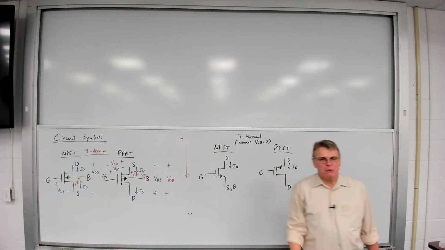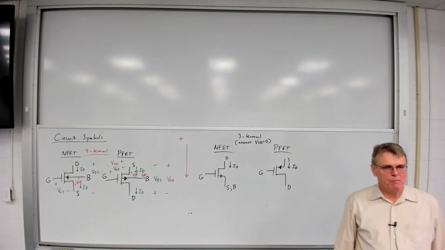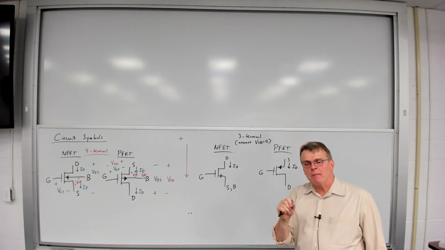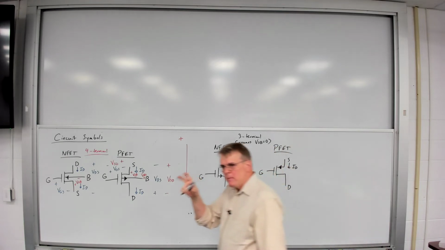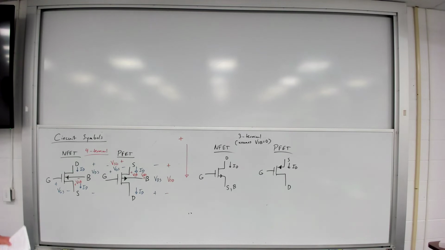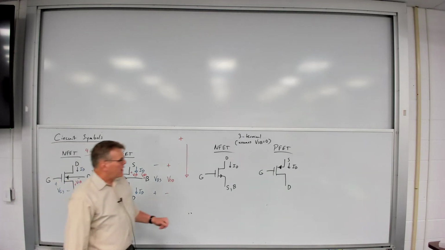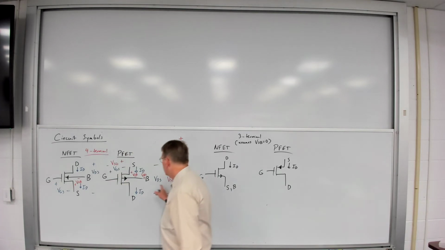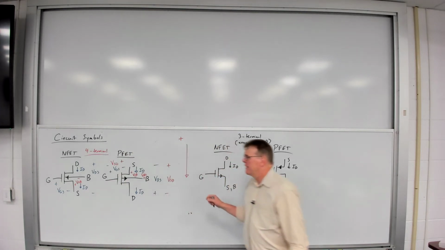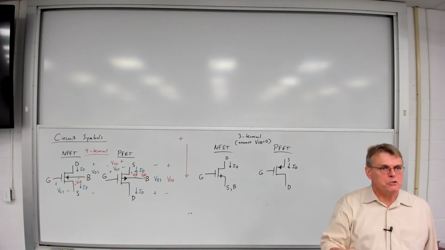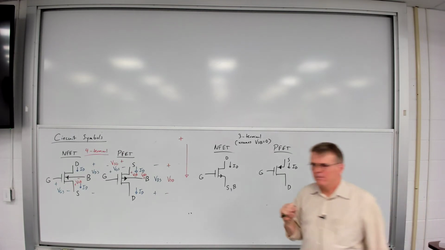Why are the arrows drawn the way I've drawn them? Well, the direction of the arrow indicates whether you're talking about something going on in a p-type or an n-type semiconductor. If it is pointing out, then you're typically talking about an n-type. If it's pointing into the device, you're talking about p-type.